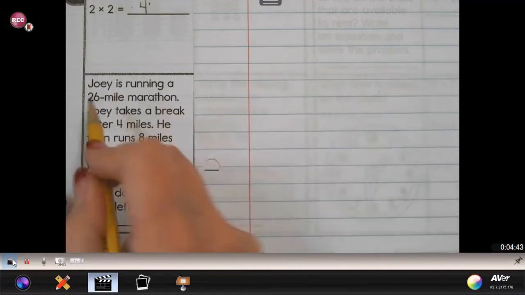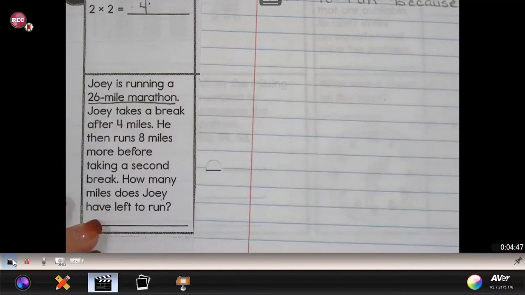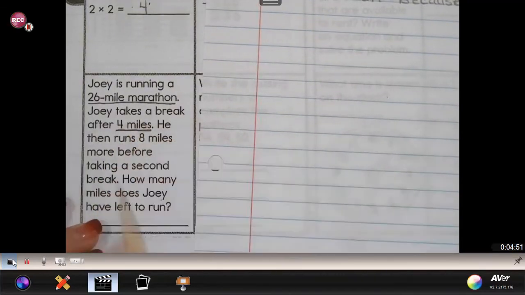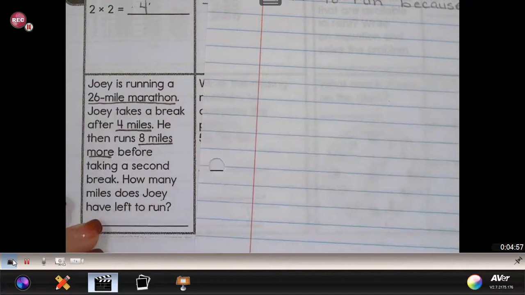I know that I have a 26-mile marathon to run, or he does. He's going to run 4 miles, take a break, and then run 8 more miles. Now, they want to know how many miles he has left to run. So he has some of this race to run.